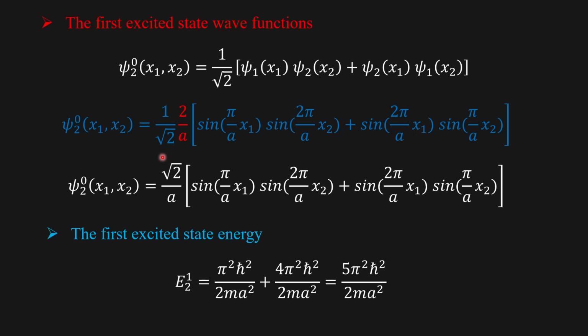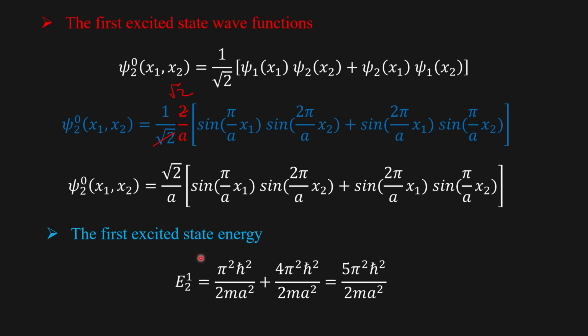Now this square root will get cancelled with this 2, which will become square root of 2, so we have written this as square root of 2 over a, and this square bracket term we are keeping as it is. This is the wave function for the first excited state.